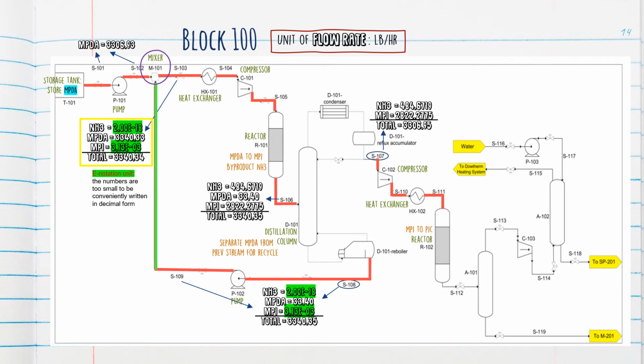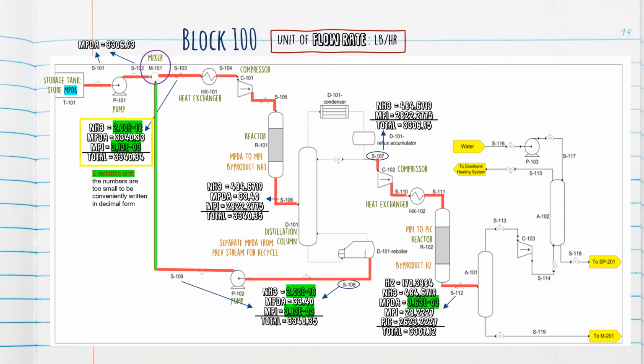So that's why we can see at the exiting stream from the second reactor, which is S112, there is the presence of H2, hydrogen flow rate, because the conversion of MPI to PIC will give hydrogen gas as a byproduct. And also the flow rate of MPI is decreasing due to the conversion, and there is the new presence of PIC. Okay, the flow rate of PIC.